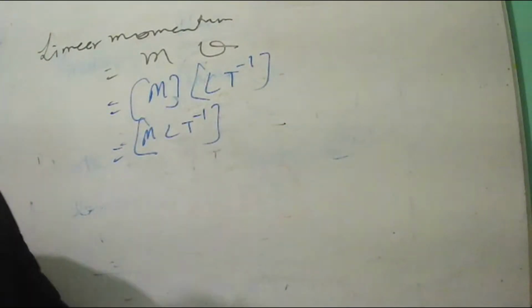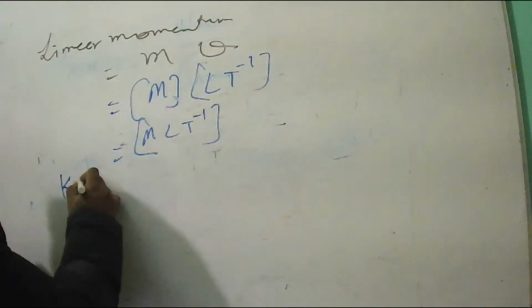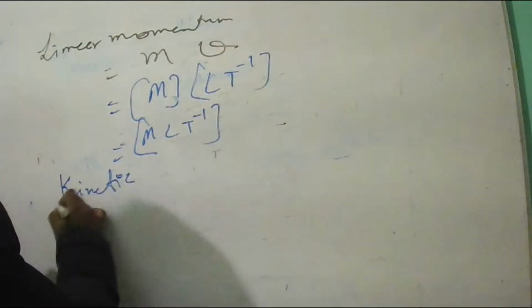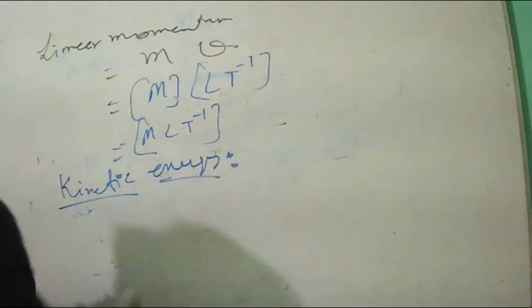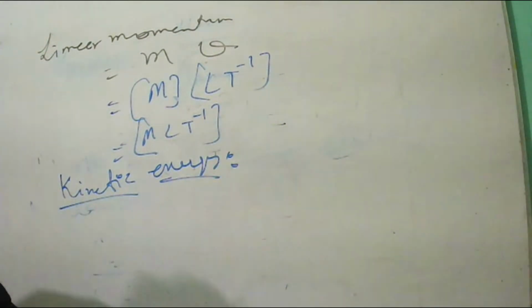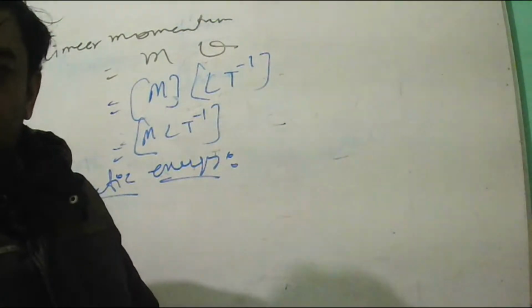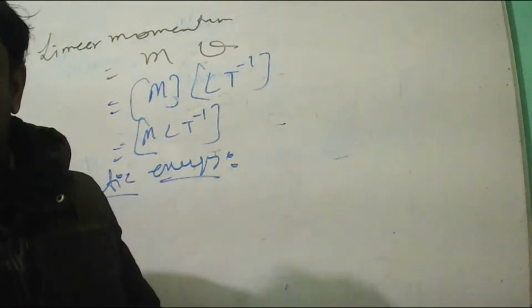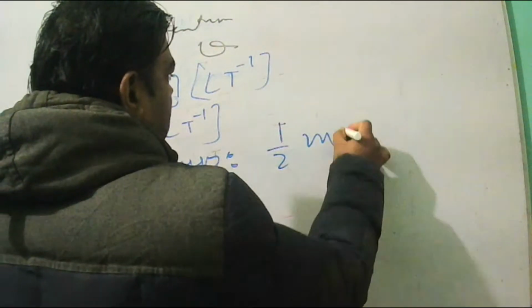The next physical quantity which we have to understand is called kinetic energy. Remember the formula of kinetic energy? The formula is half mv square.